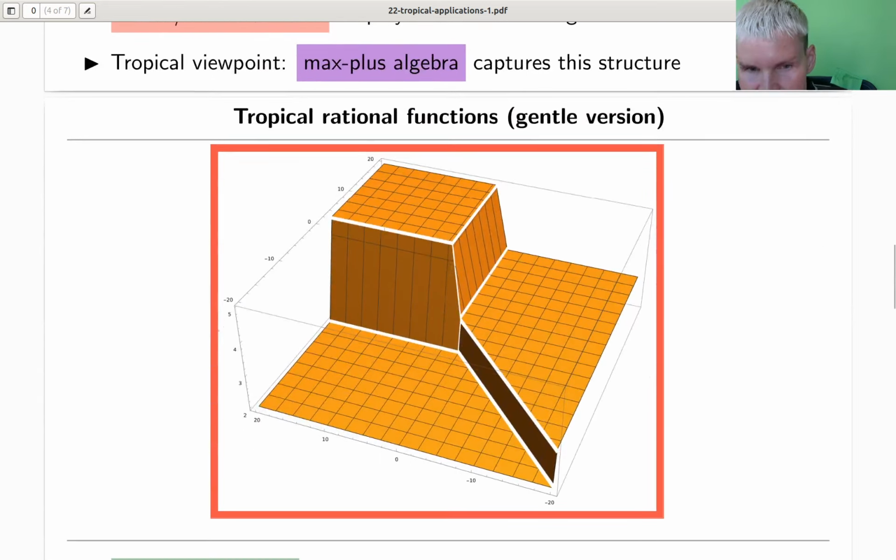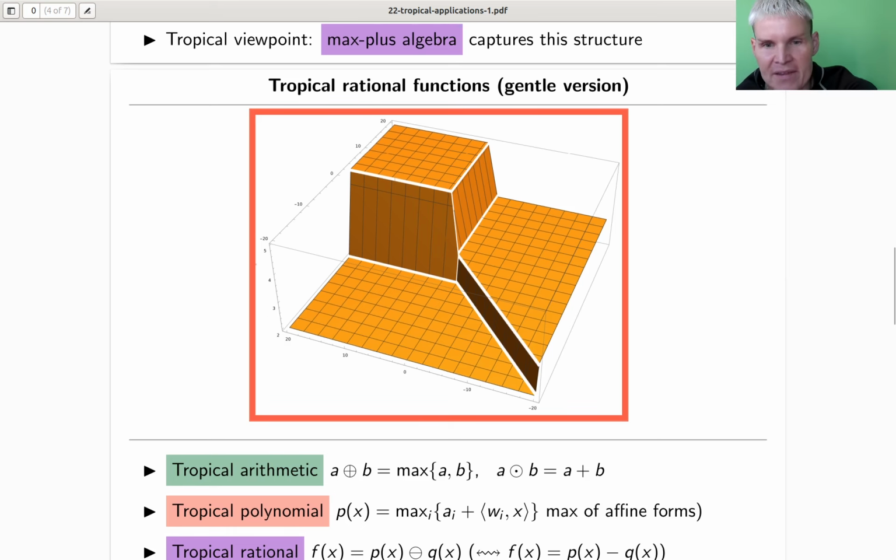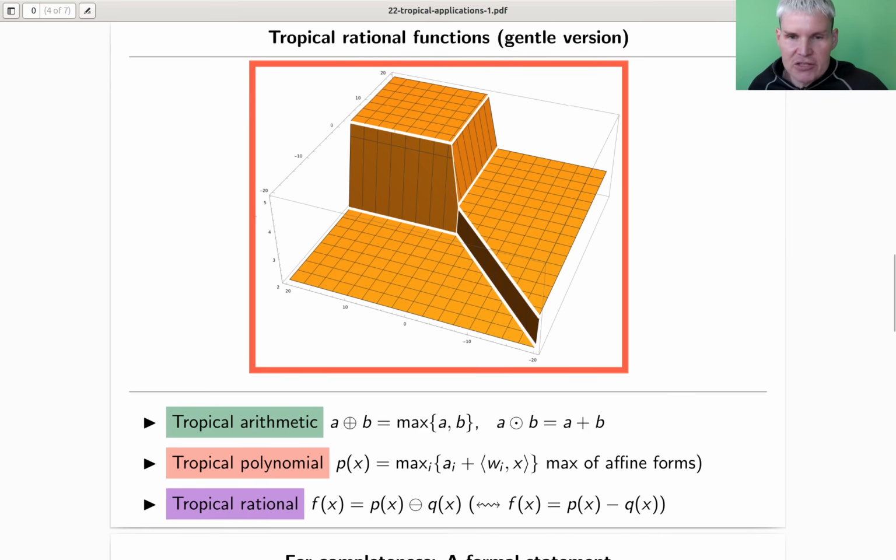The gentle version of what we really need is a tropical rational function. So here's the plot of a tropical rational function. It's like this piecewise linear stuff everywhere, right? You have a plane glued to a plane, glued to a plane in a slightly fancy way. Tropical arithmetic was this one, hopefully you remember, except that we had min, but for this one max is a little bit nicer.